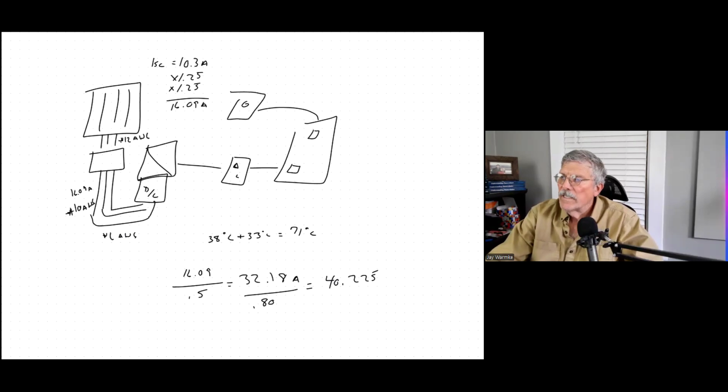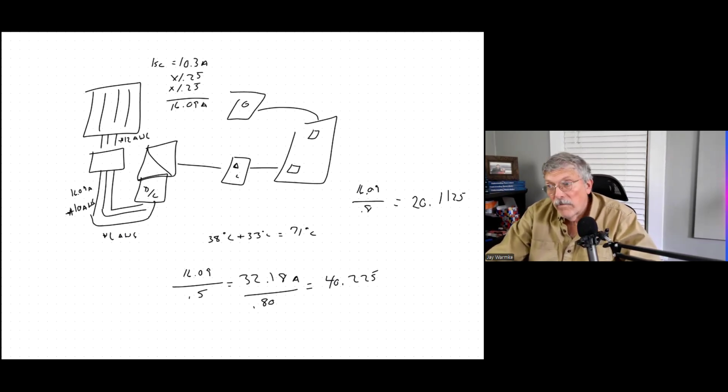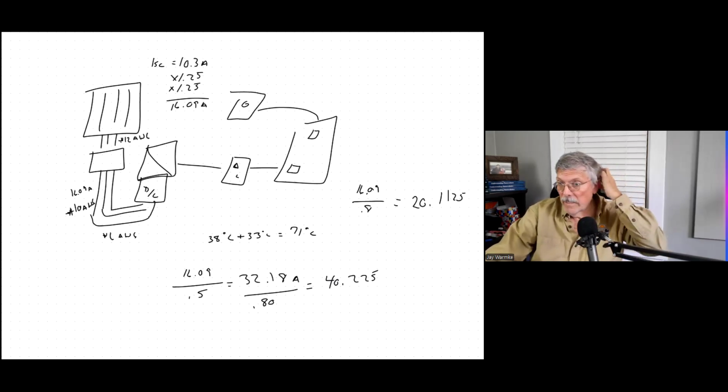So if we started at 16.09 and had to divide by 0.8 because there are 6 wires in there, 16.09 divided by 0.8 is 20.1125. Well, we're still fine if we use 10 gauge wire. If we use 12 gauge wire, we're a little bit iffy. So that's another good reason for using 10 gauge wire.